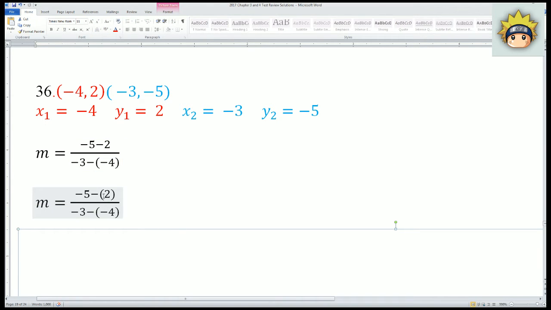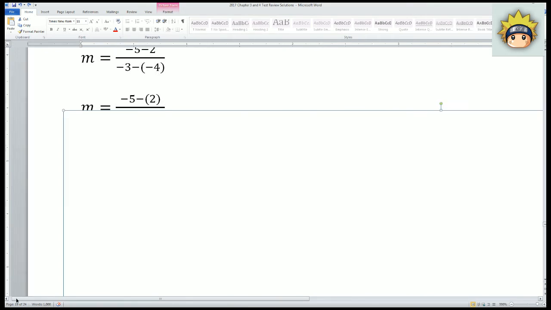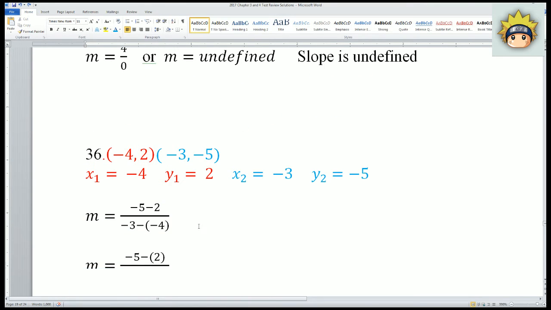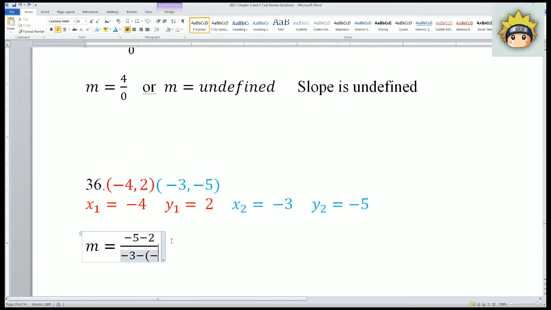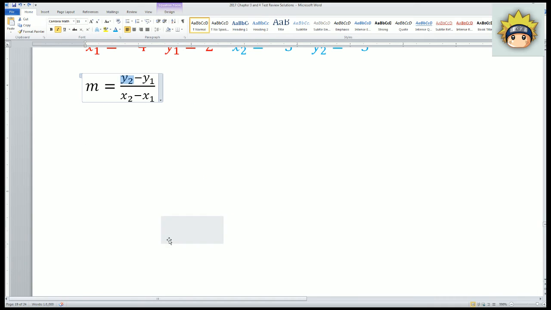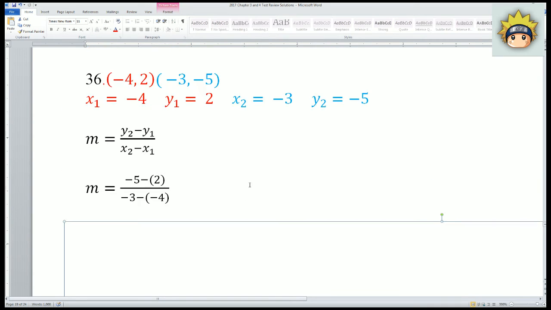Negative 5 minus 2, divided by negative 3 minus negative 4. So my substitutions were correct. Oops, sorry about that. I was getting this back to the way it should look. There you go. Okay, so there we have it.